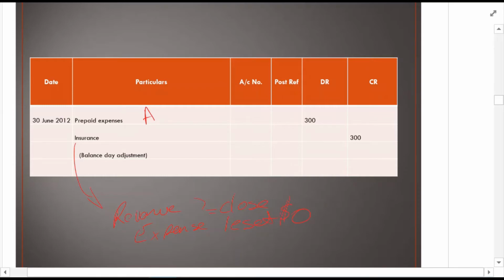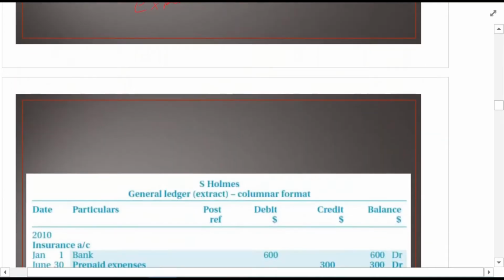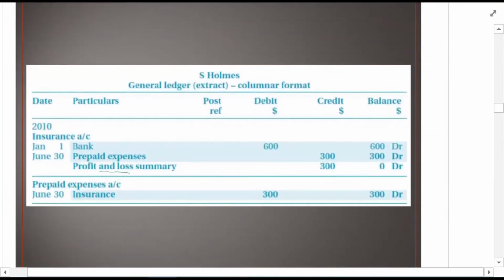So we need to rescue this $300 before it gets closed off and reset and put towards that net profit or loss. We don't recognise it as part of the current financial year.